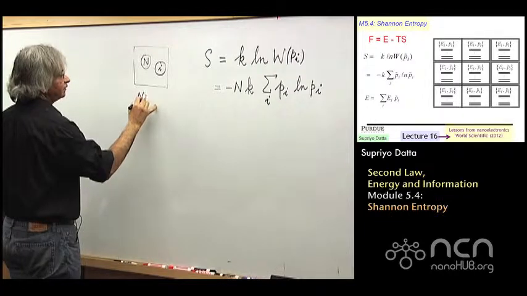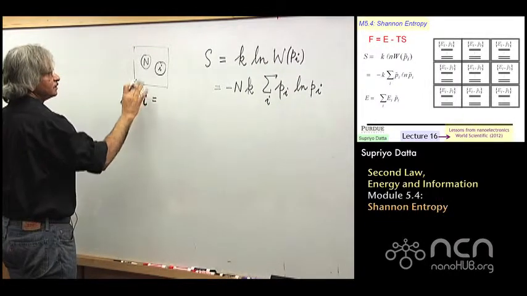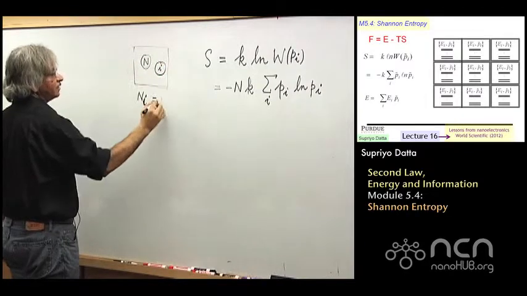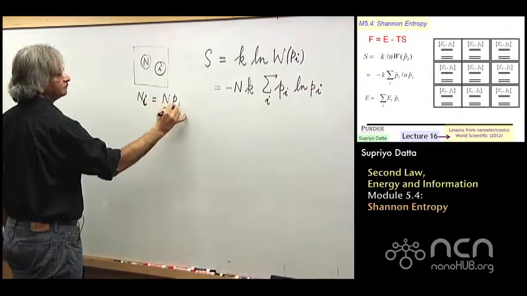So Ni, that is the number of these systems that are actually in the ith state, would be n times pi.